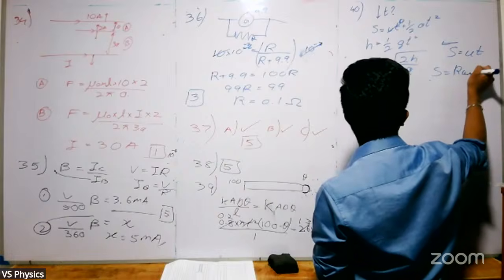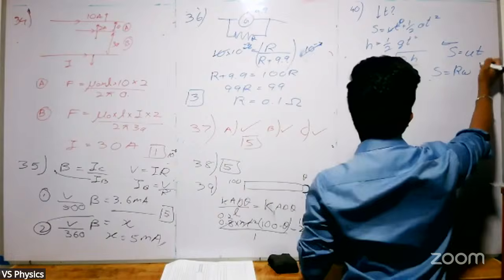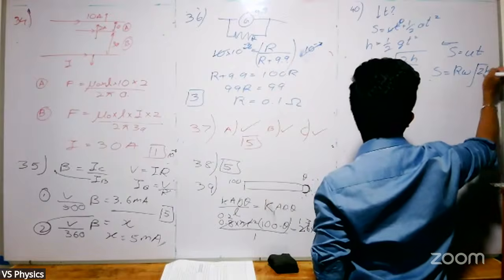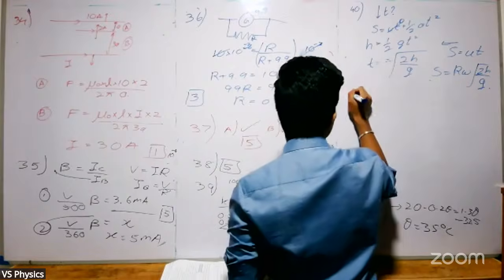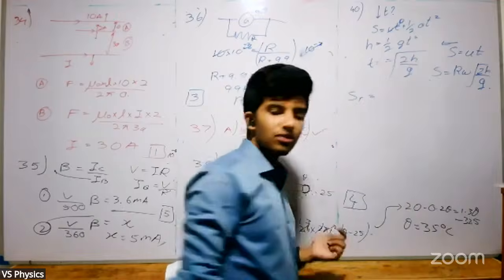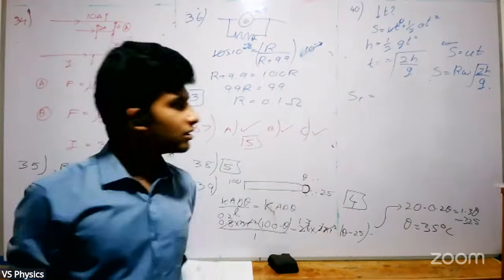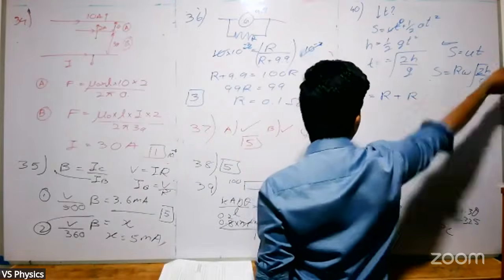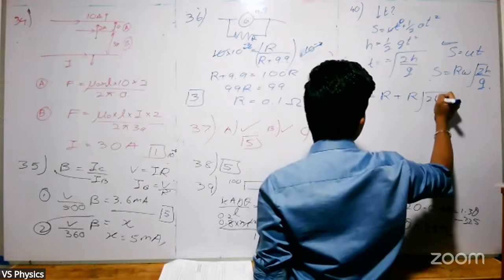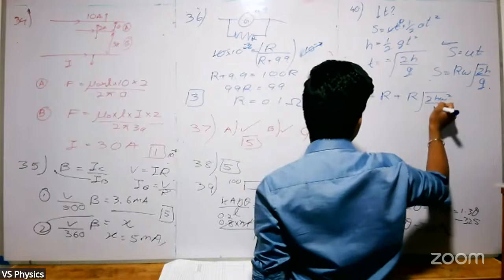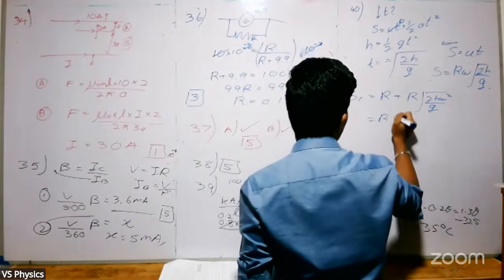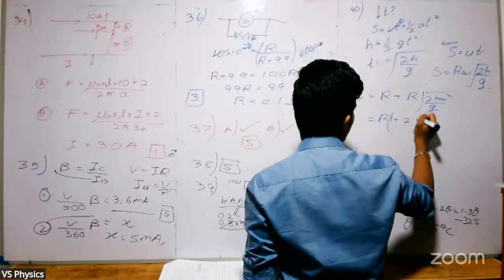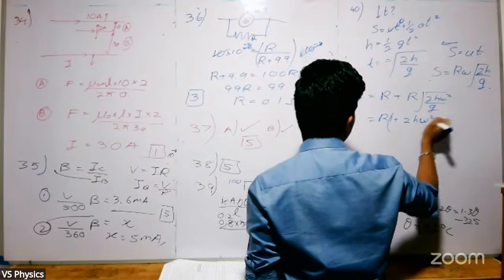R omega, time is root 2h over g. Then we can find the total distance as r plus r omega root 2h over g, which is r times 1 plus 2h omega square divided by g.